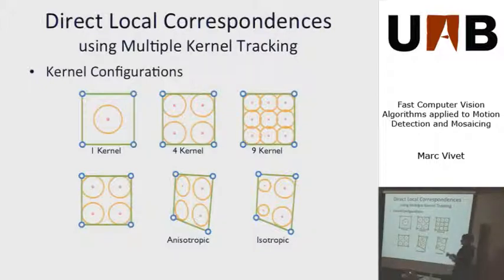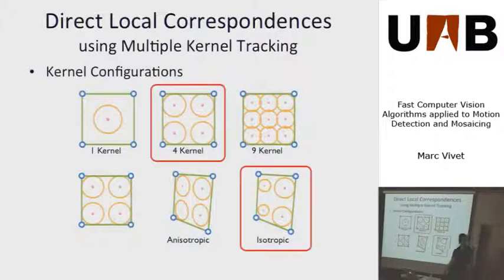In addition, in order to warp the region, we have tested different versions using anisotropic kernels and an approximation using isotropic kernels. The problem of anisotropic is that you have to compute the kernel and the Jacobian at each iteration. In the isotropic version, you can pre-compute this and put it in a lookup table. And then you don't need to warp anything. You only need to place these kernels in the correct position, so you only need to compute the transformation of 4 points. So we have selected these 2 configurations.